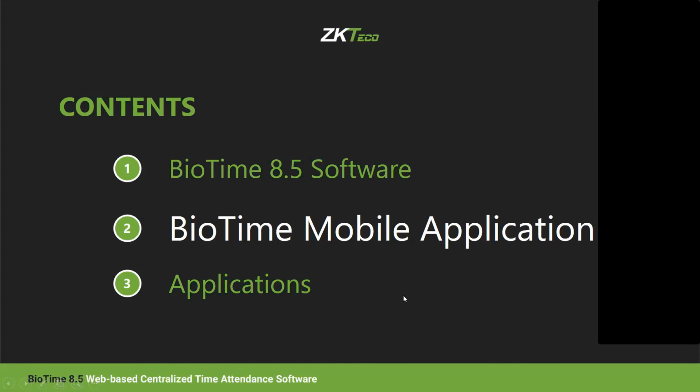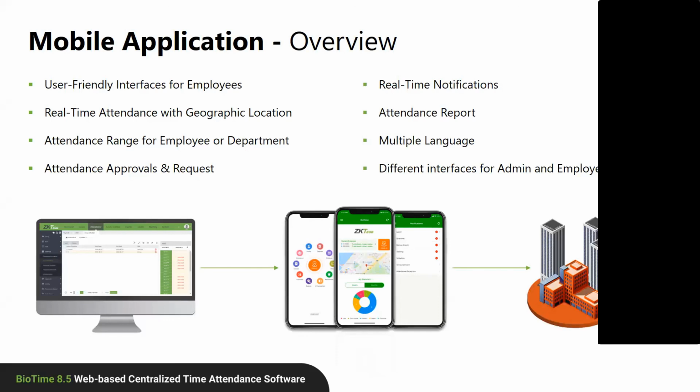So now we'll come to the mobile application features. The main function of the mobile application is geofencing, using location setup and employee setup. It is a user-friendly interface for employees to clock in and clock out, and the real-time geographic location can be seen from the software.